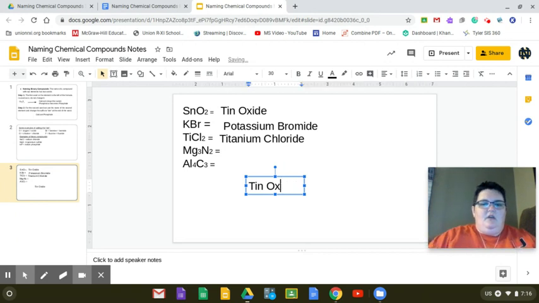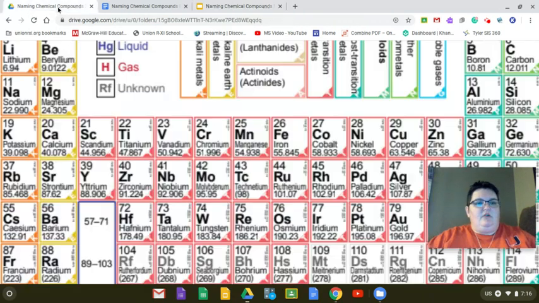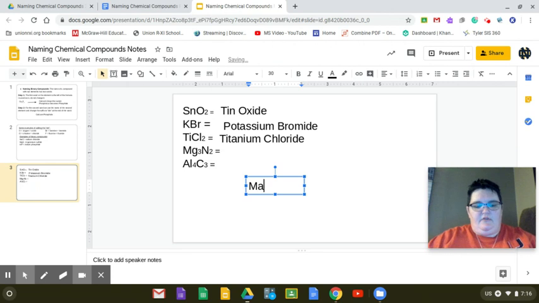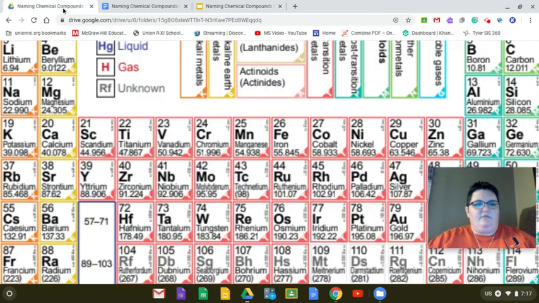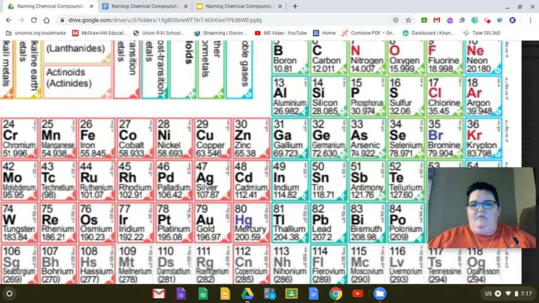All right. Our next one, we've got Mg. So we go to our periodic table. Mg is right here, magnesium. It is not manganese. Those are two other ones that are often mistaken for each other. Okay, manganese is Mn, magnesium is Mg. So we're looking for magnesium. That's our first one, so it stays the same. Okay, and then our second symbol is N, which hopefully you guys are figuring out by now, but if not, we go back here.